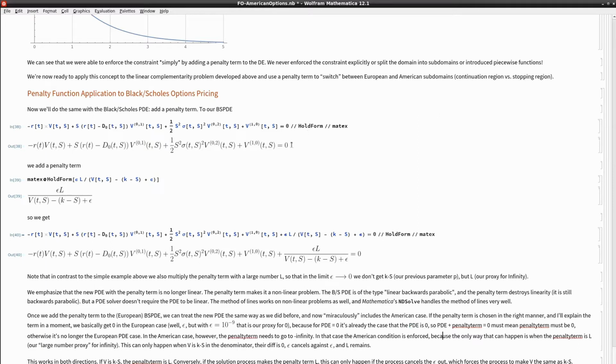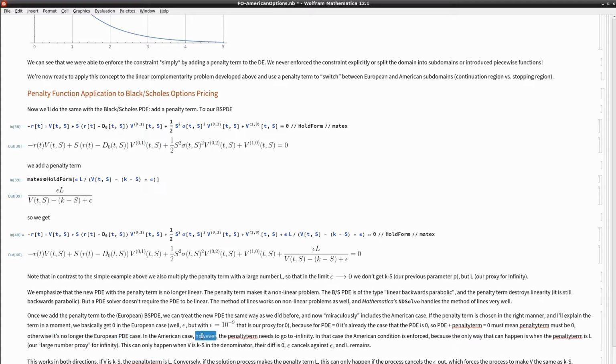Because that's what we have here. The PDE is equal to 0, and we're getting the European PDE through the American PDE by having our epsilon very small here, right? So in that case, we have PDE plus penalty term is 0, which must mean the penalty term itself is 0. And again, we're doing that by setting epsilon to 0 or near 0. Otherwise, it would no longer be the European PDE.